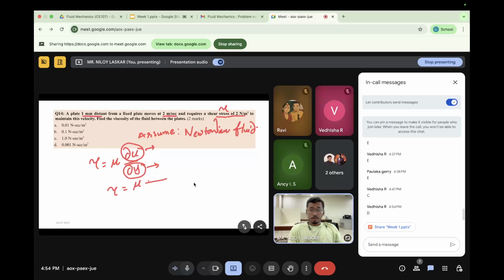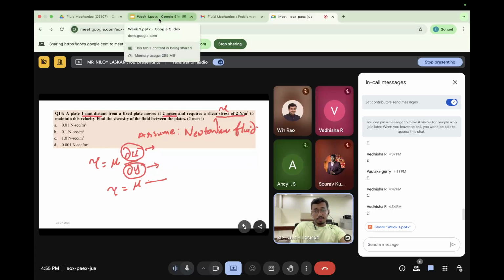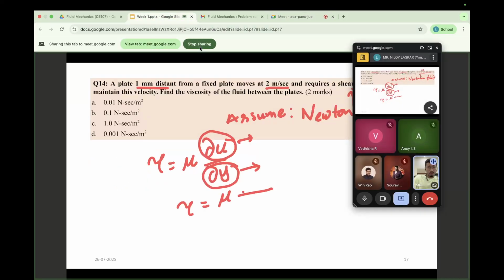That says answer option B. Yes, Vidisha, your answer is correct. Good.